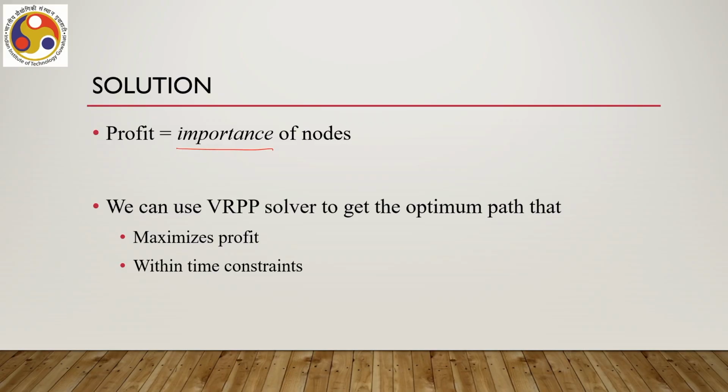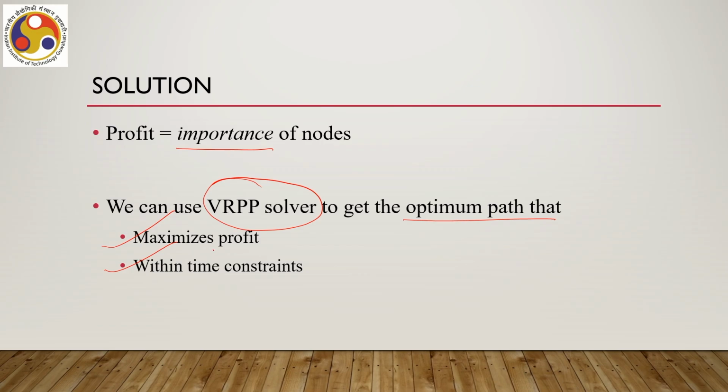Like in the previous approach where we talked about TSP solvers, existing tools available to solve the travelling salesman problem, here also we can make use of existing VRPP solvers, vehicle routing problem with profit solvers, to get the optimum path that maximizes profit within the given time constraint, that is the threshold time.